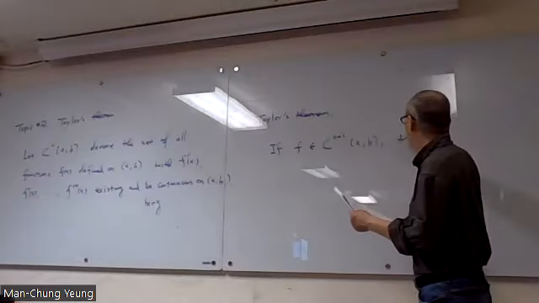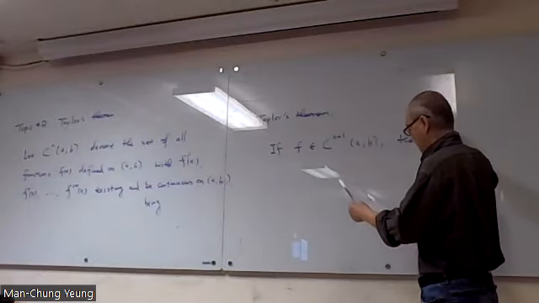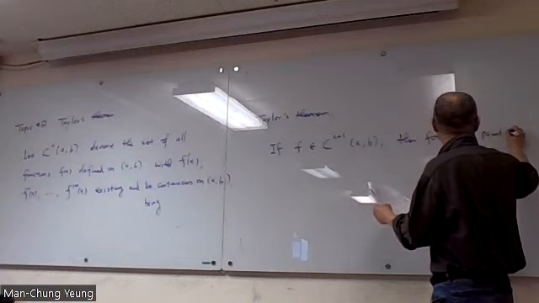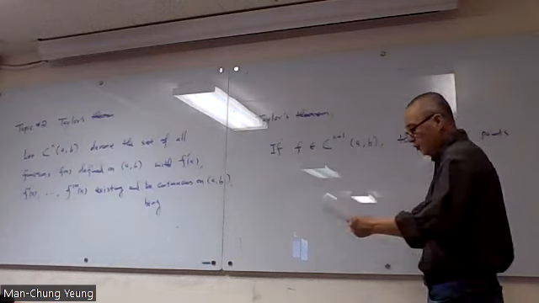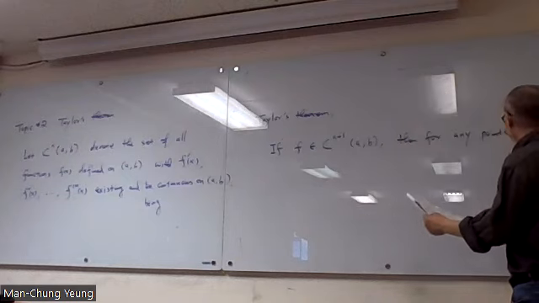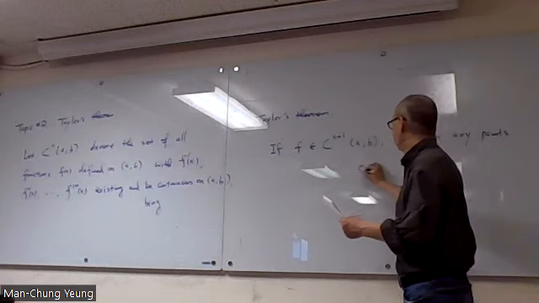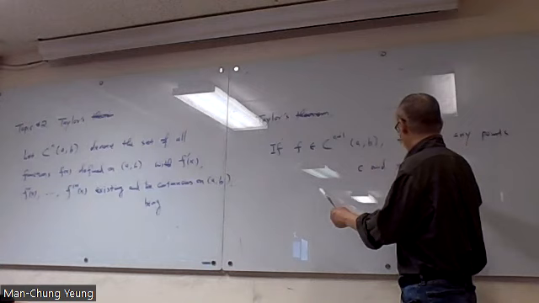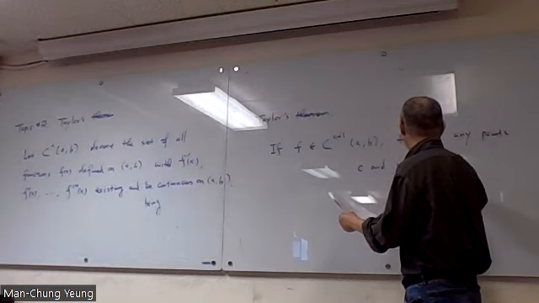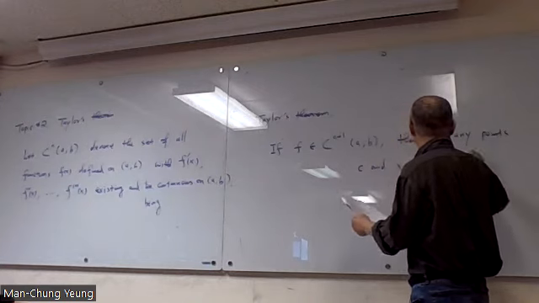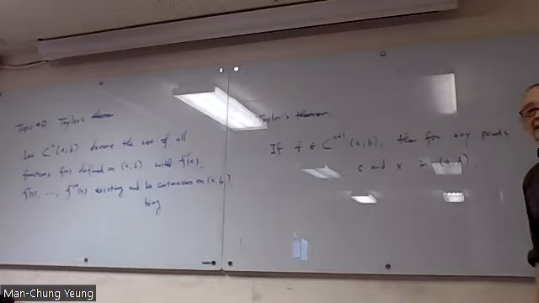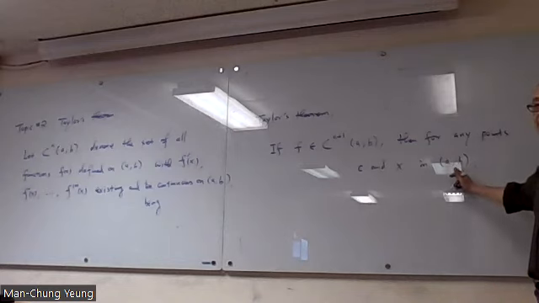Then for any two points, c and x, from the open interval. C is usually a constant, x a variable.